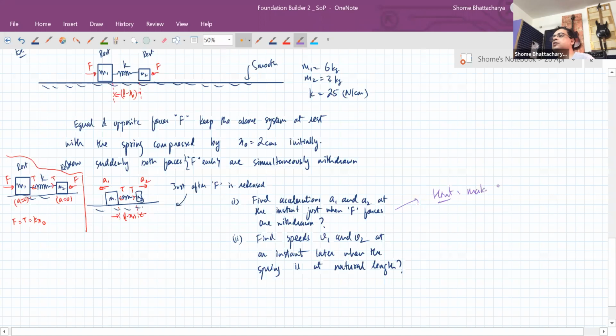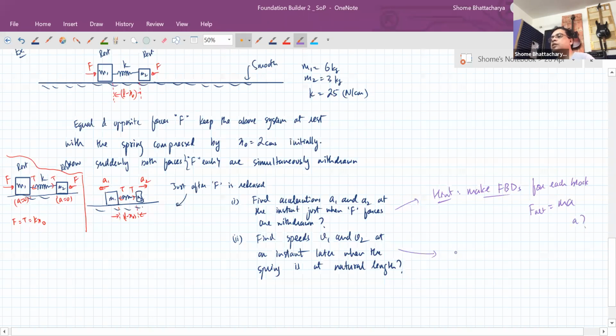So the hint to you is, for the first part, make free body diagrams. It's about acceleration. Solve Newton's second law for each block: the net force acting on each block is mass into its acceleration. So from that you find out the acceleration.